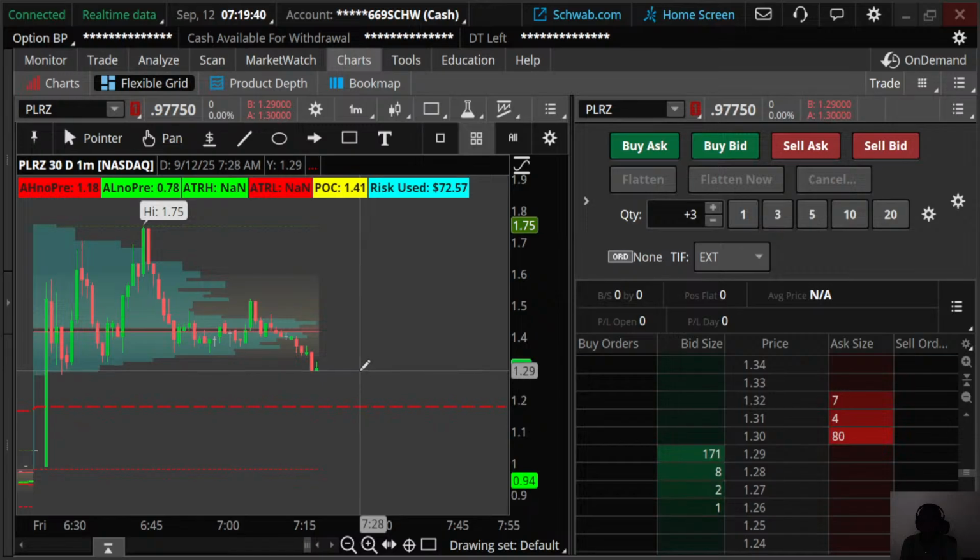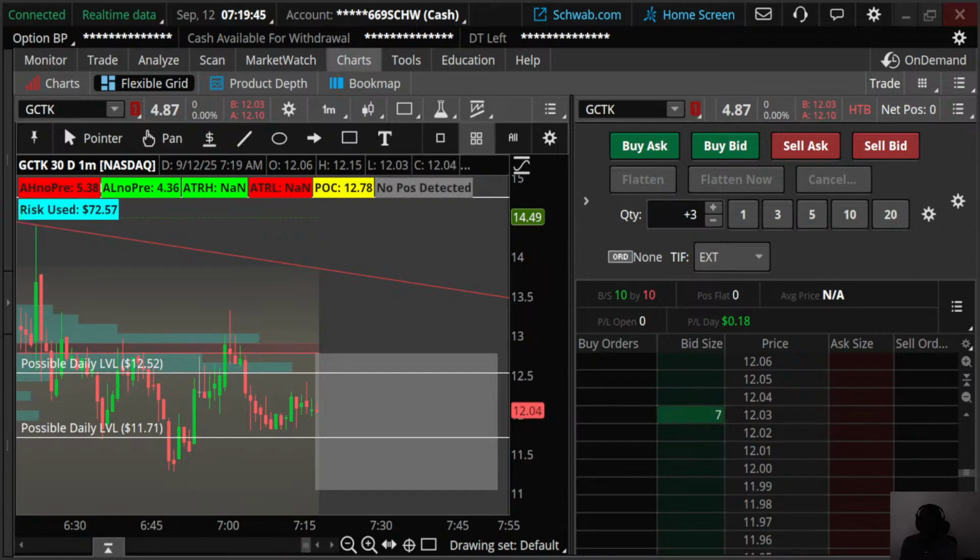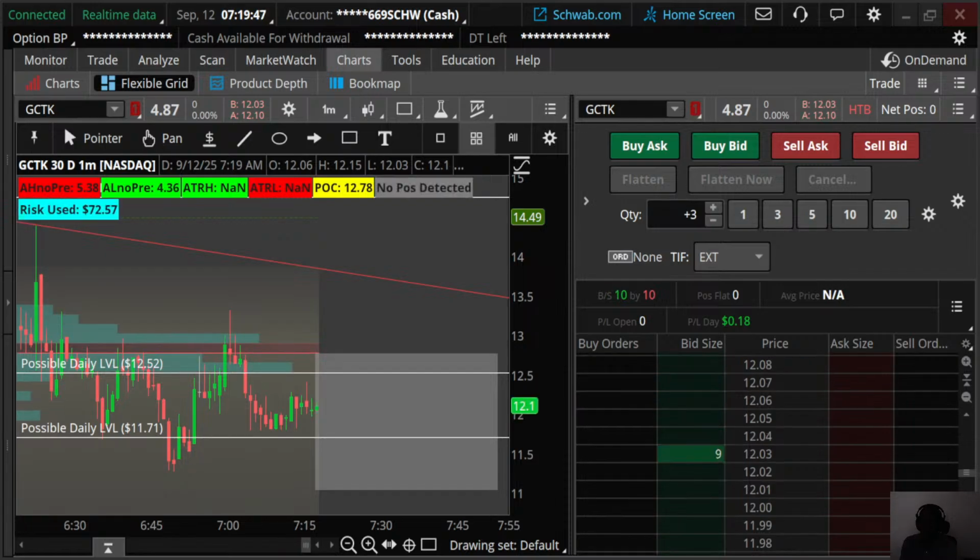So this one got down there and tapped right around that 129 level. This volume seems to be dying on GCTK as well.